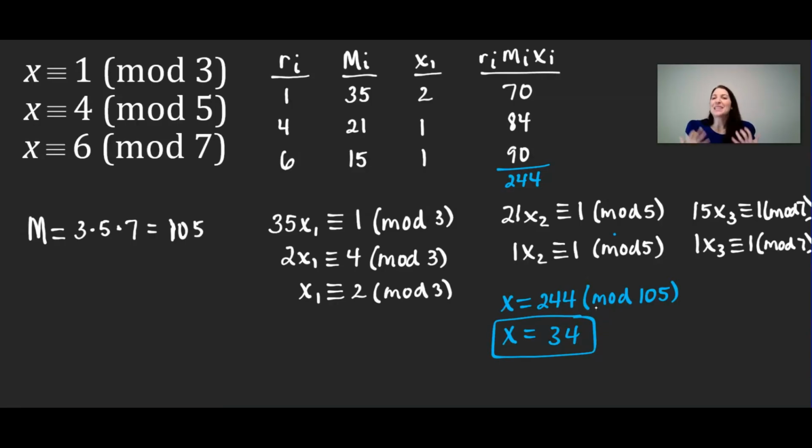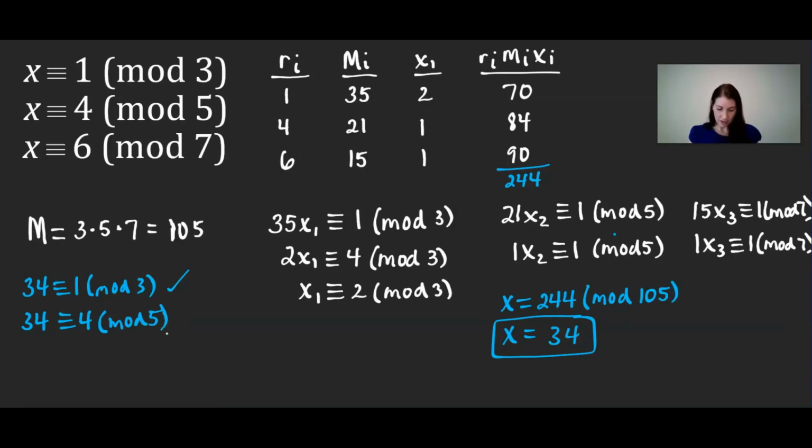Now, I always like to check my answer. I'm big on that, so that I know it seems correct when I plug it in. So I'm going to plug it into the three simultaneous congruences that we started with. 34 should be congruent to 1 in mod 3. So the remainder should be 1 after 33. Yep, remainder 1. Great, that one works. Okay, 34 should be congruent to 4 in mod 5.